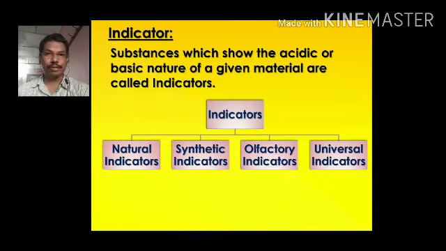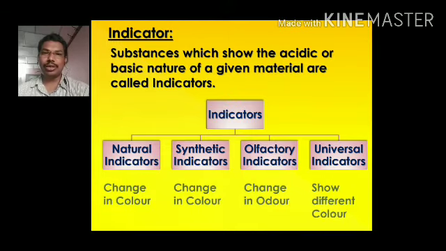Natural, synthetic and universal indicators show whether the compounds are in acidic or basic condition by changing their color. But the olfactory indicator tells us whether the compound is basic or acidic in nature by changing its smell, odor.